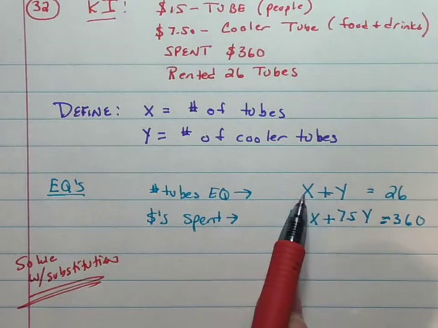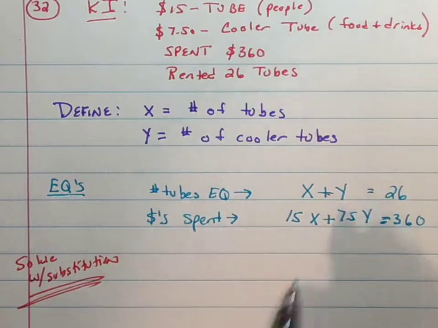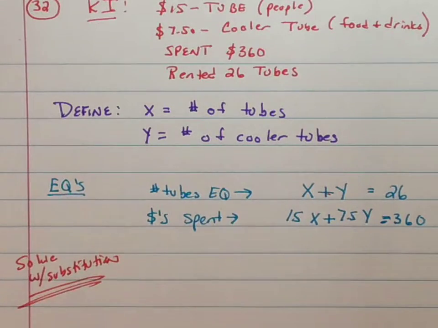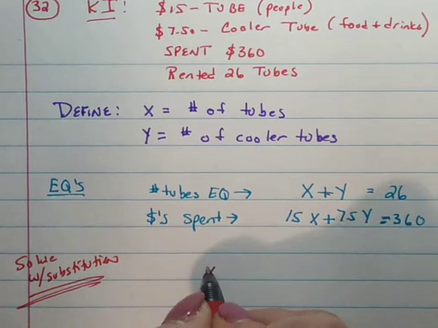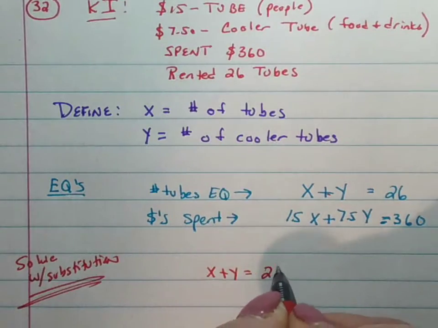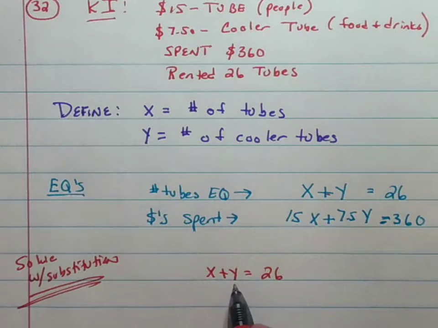So you could solve this using X or Y and isolating those. So I'm going to pick the first equation. X plus y equals 26. And most of the time we're most familiar with isolating for y.